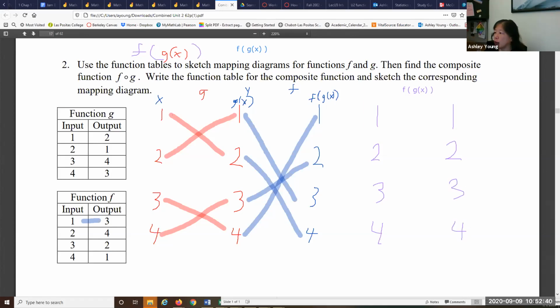And then you're going to draw. So in the long run, if you start off at 1, you end up where? I go to 2 and then go to 4. So 1 ends up at 4. Right, 1 goes to 2, and then from there it goes to 4.